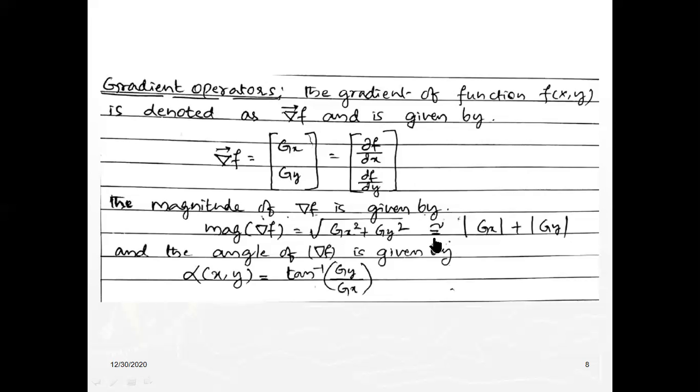However, in image processing, this can be approximated simply as the sum of the absolute value of Gx and the absolute value of Gy. The angle of this gradient, alpha of xy, is given by tan inverse of Gy divided by Gx.